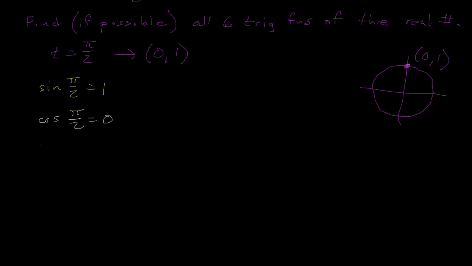The tangent of pi/2 is equal to the sine divided by the cosine. Well, that's not possible. 1 divided by 0 is undefined. Can't have 0 in the denominator, so we just say this is undefined.